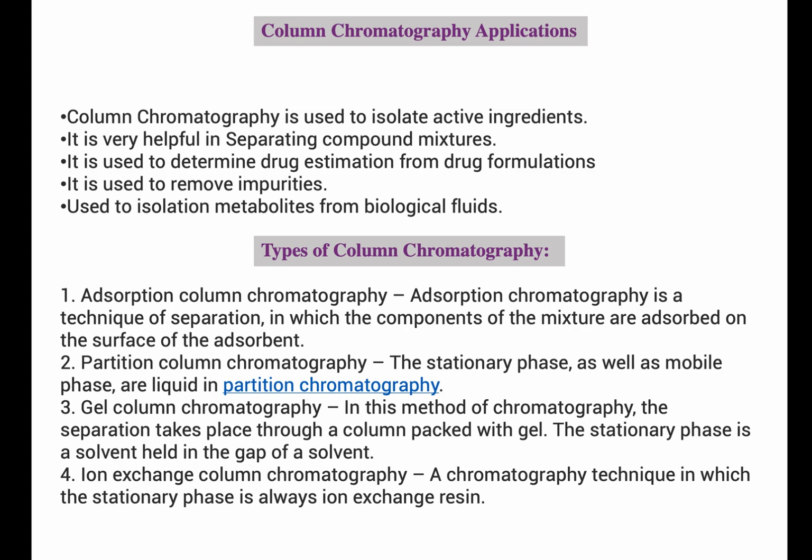The application of column chromatography is to isolate the active ingredients from a natural product or from a chemical reaction mixture. It is also used to separate the components of a mixture, to determine the drug estimation and drug formulation, and also the drug expiry for chiral drugs, because the HPLC technique can separate the R and S enantiomers from each other.